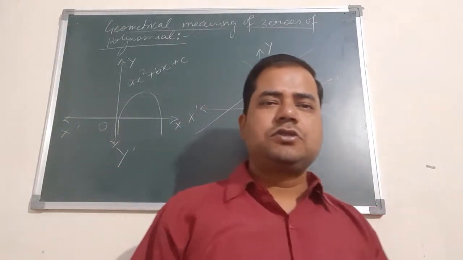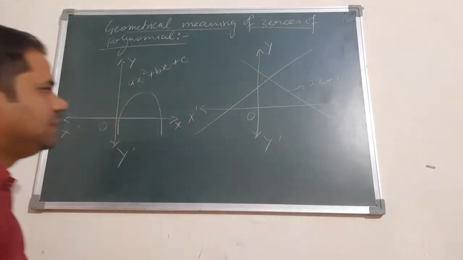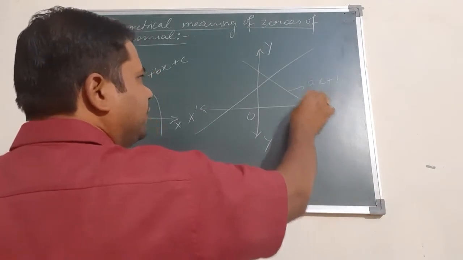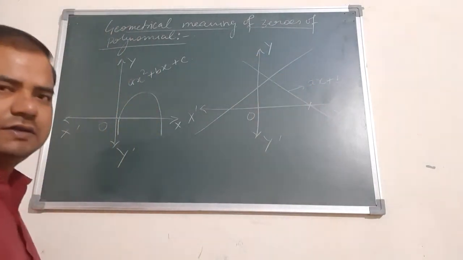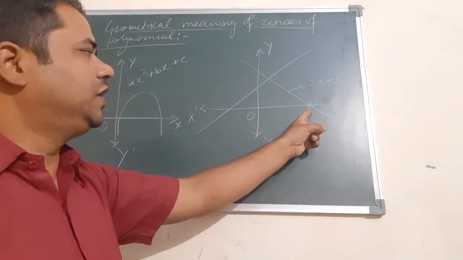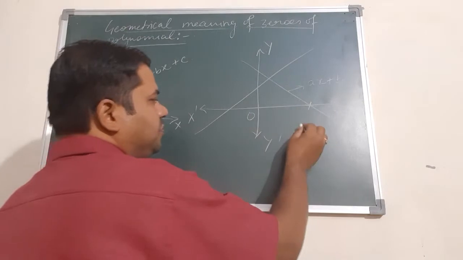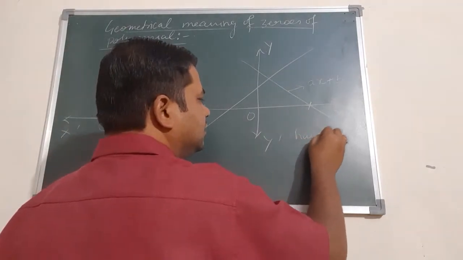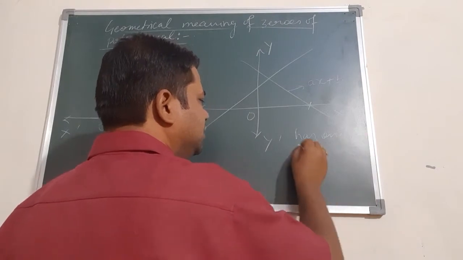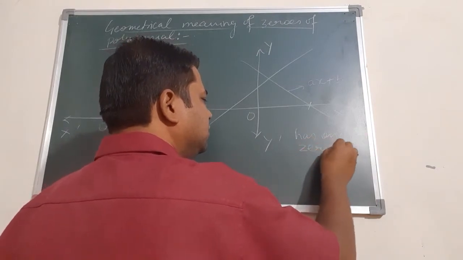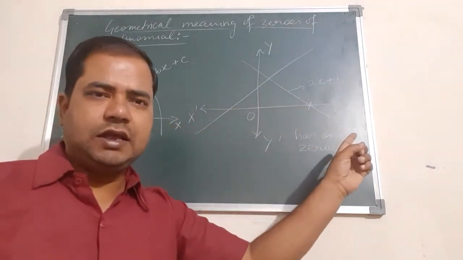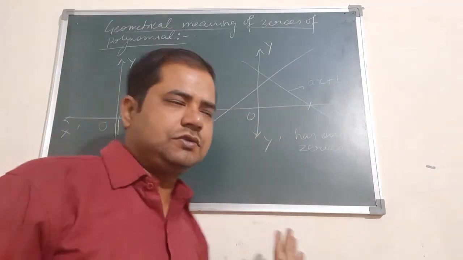Okay. So if you see here, the linear polynomial has only one point of intersection with the x-axis. How many points of intersection with the x-axis? Only one. That means this linear polynomial ax plus b has 1 zero.